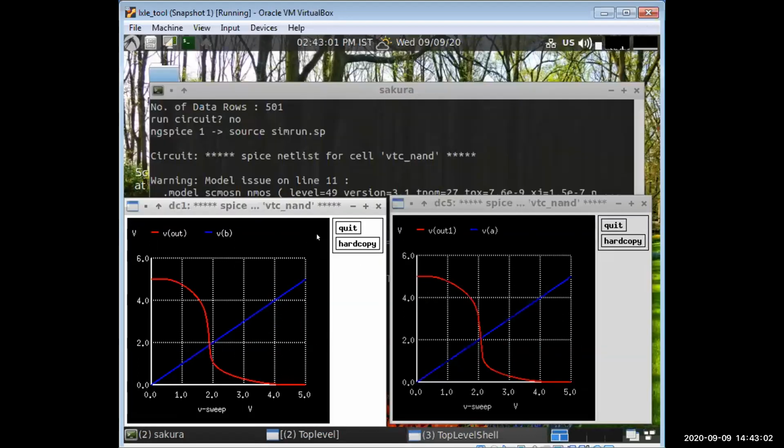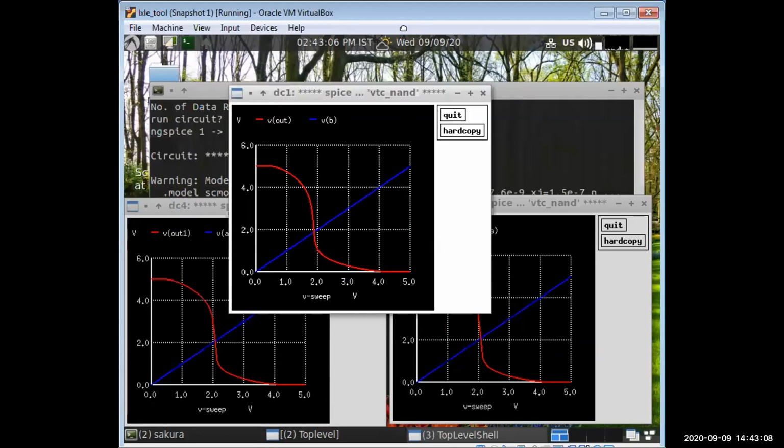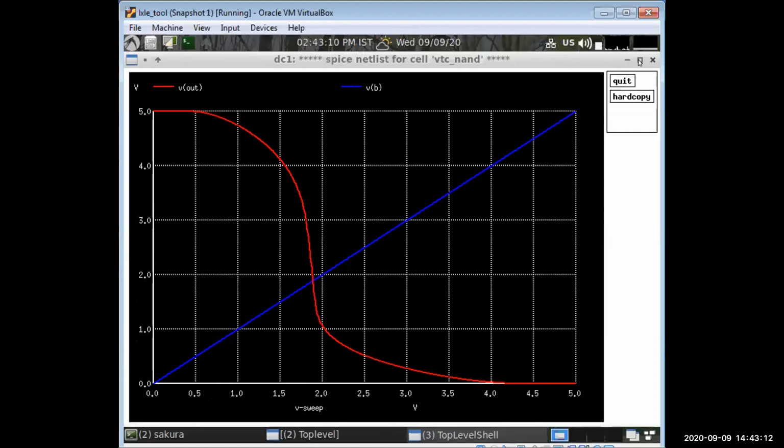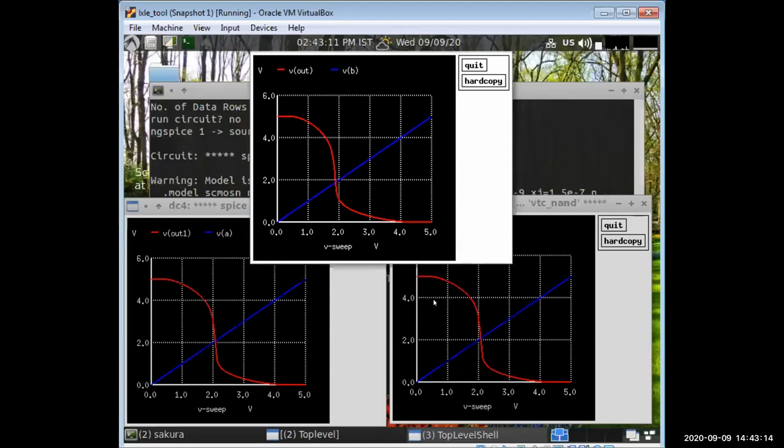Let's see the comparison. So now see the comparison. Which one is shifted? Yeah, these are the three curves. It has shifted right.